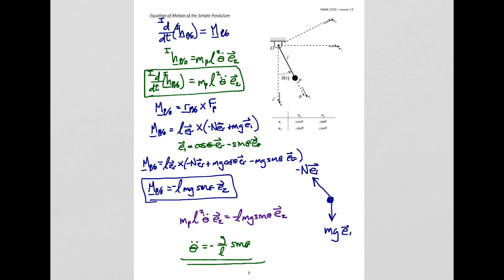And so as a result, we completely eliminated the constraint force. We didn't need it. So that was actually a pretty quick process. That's a great result. However, the bad part about this is that we don't have a constraint force. We don't have an expression for that. We'll have to get that some other way. So it's kind of good and bad.